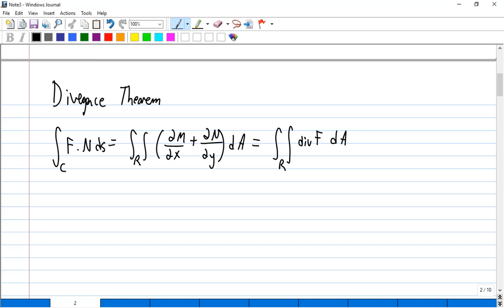Alright, so what the divergence theorem does is it gives us the relationship between a triple integral over a solid region Q and a surface integral over the surface of Q. Of course, the surface has to be closed. Can't be open.